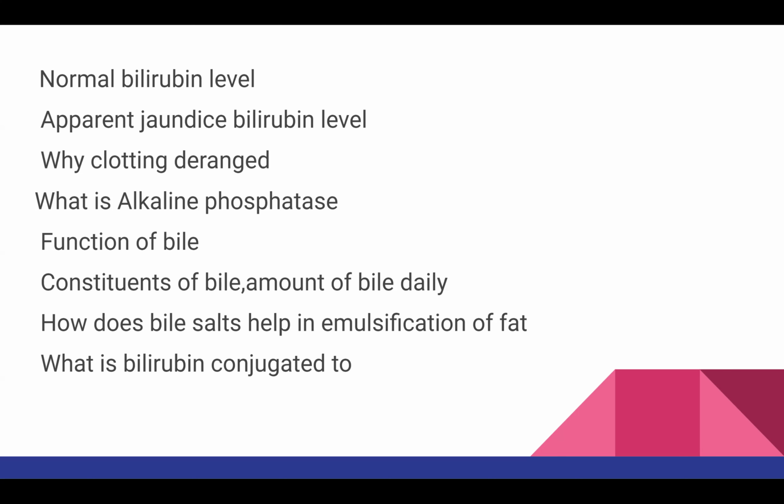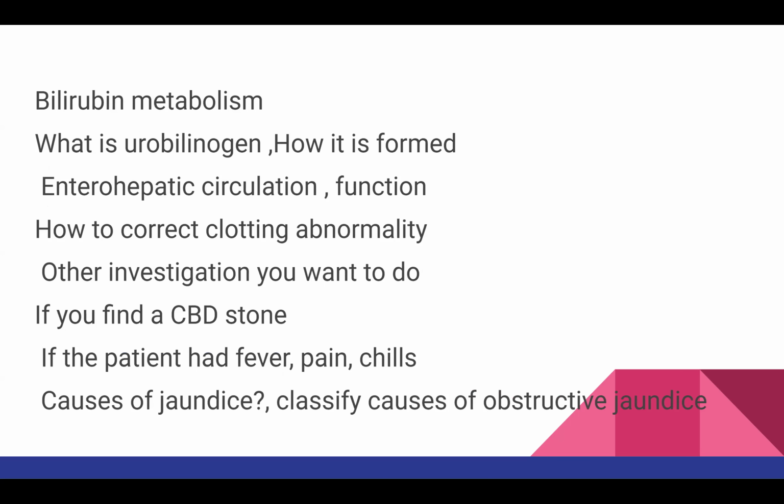So what is bilirubin conjugated to? Bilirubin is conjugated to bilirubin glucuronides with the help of the glucuronyl transferase enzyme in the liver. Should I explain more, sir? Yes, tell me about the metabolism of bilirubin.